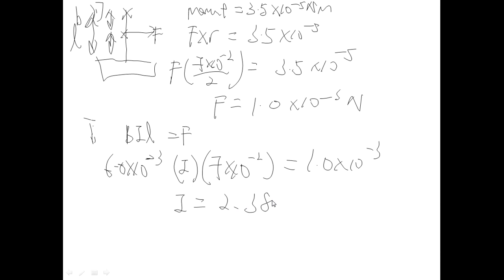The L here is actually the whole length, no more half of it. This is the length of the conductor that the current is going through, the whole thing, which is 7 times 10 to the power negative 2, equal to F, which is this. So my I finally will be 2.38 ampere.